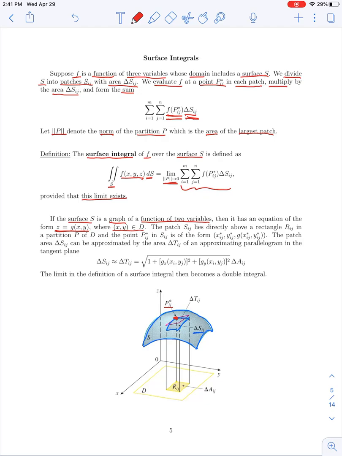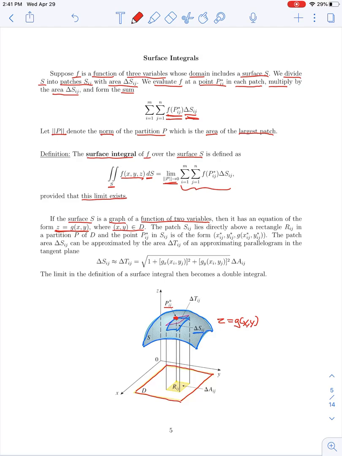So let's say for this example that this surface S is the graph of a function of two variables, g of x and y, and it's the part of the graph of that function that lies above some domain D within the xy plane.